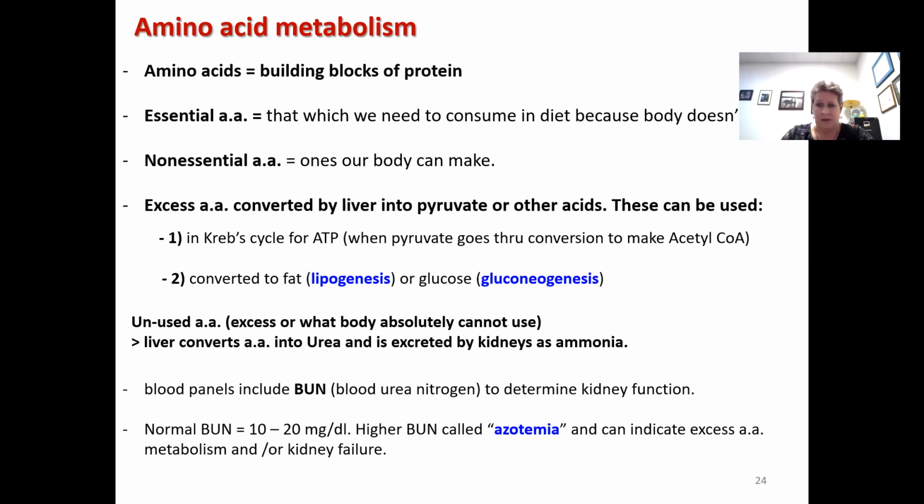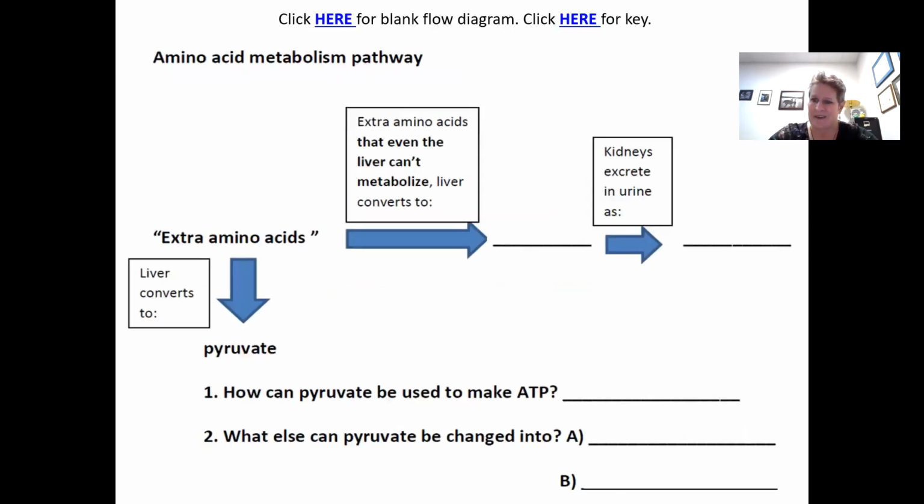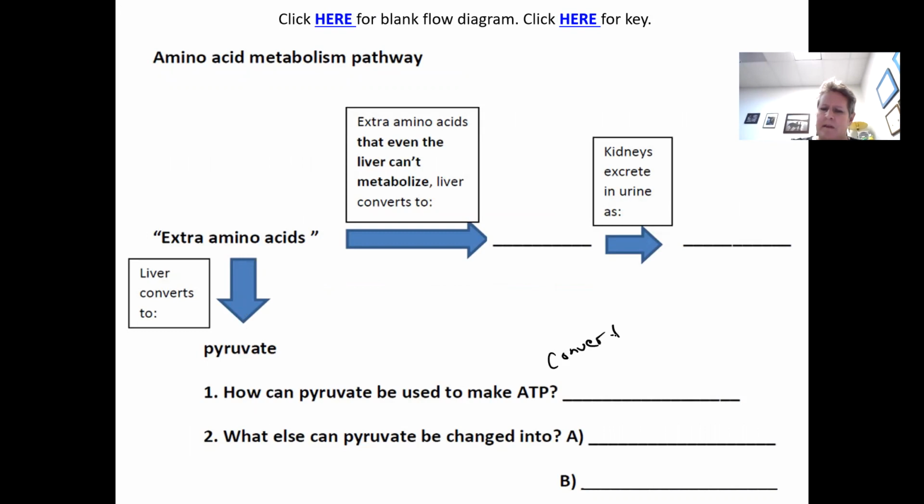So continuing on, I've got a flow diagram for amino acid metabolism. So what the liver can do is it can take amino acids, convert them into pyruvate. So the question is, how can pyruvate be used to make ATP? Here's the answer. Pyruvate is converted to acetyl-CoA through pyruvate conversion.